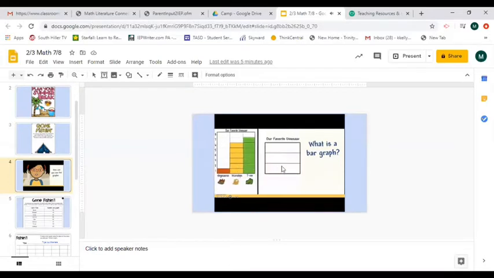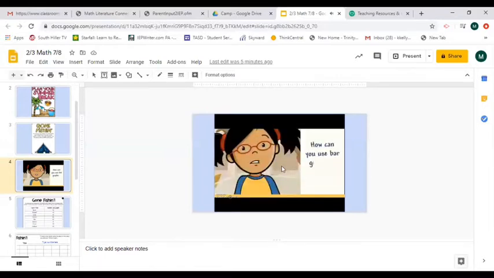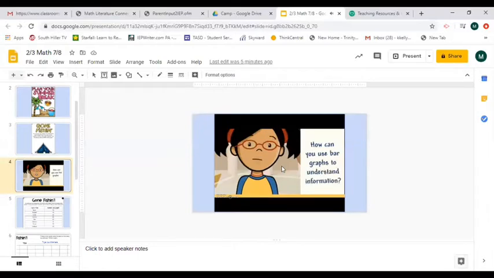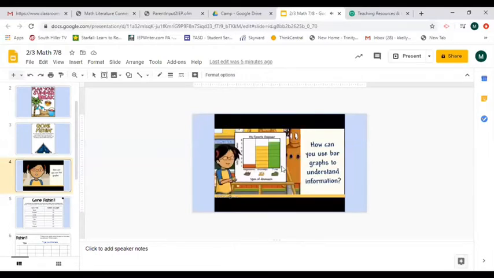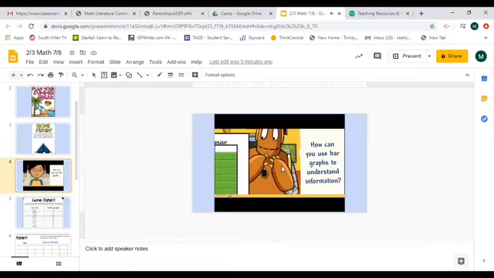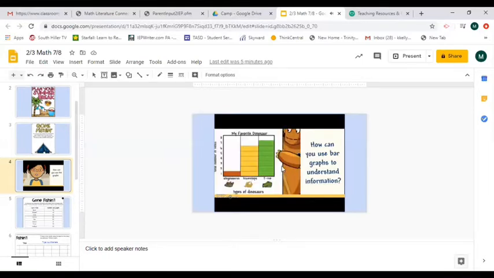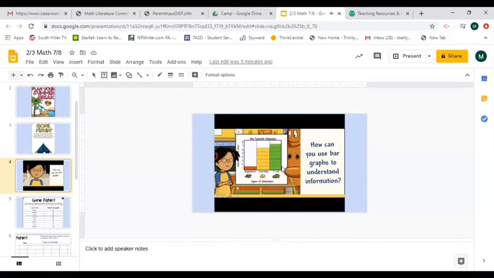You can also put the categories on the left and the numbers on the bottom. You can display the same information in a different way so you can understand it better. How can you use bar graphs to understand information? Bar graphs help you answer questions. Which dinosaur did people in our class like the best? Right, the T-Rex is the most popular.